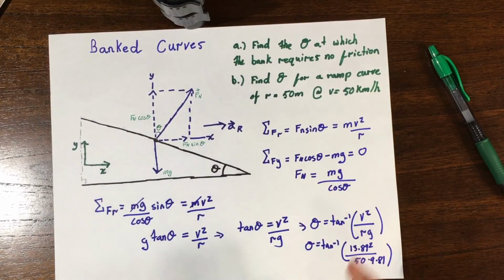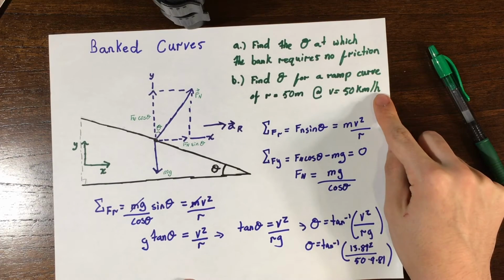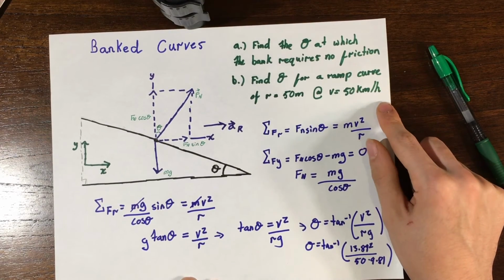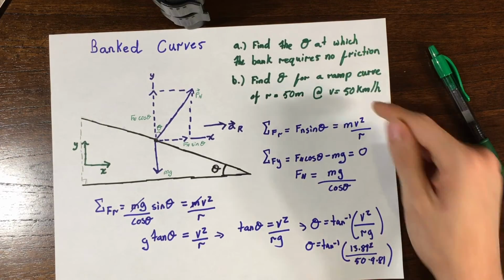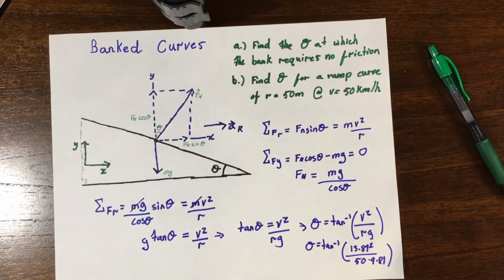You could do it using stoichiometry, but you'll see that since you're multiplying by 3,600 to get seconds and dividing by 1,000, 3,600 divided by 1,000 is 3.6. So just divide 50 by 3.6 and you get meters per second.